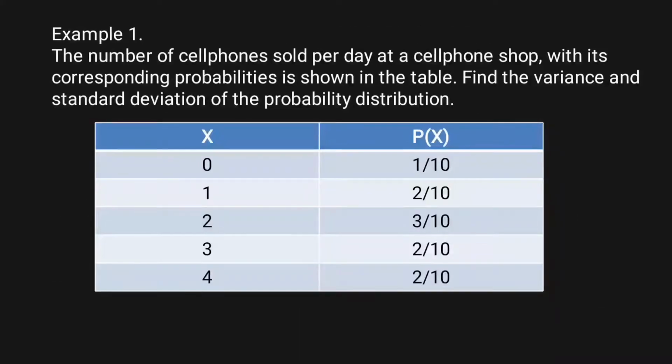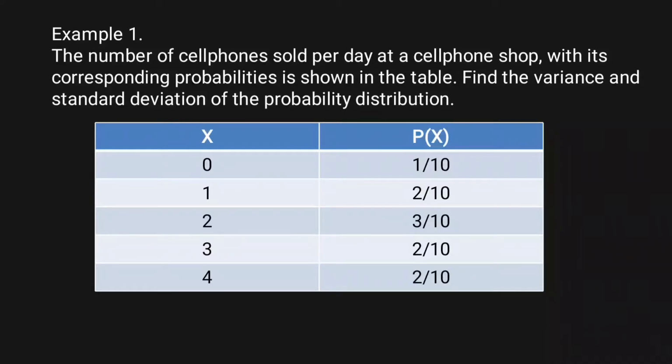Okay, so example. Example number 1. The number of cell phones sold per day at a cell phone shop with its corresponding probabilities is shown in the table. So find the variance and standard deviation of the probability distribution. Okay, so x natin is 0, 1, 2, 3, and 4. P of x, so verify lang natin if probability distribution siya.